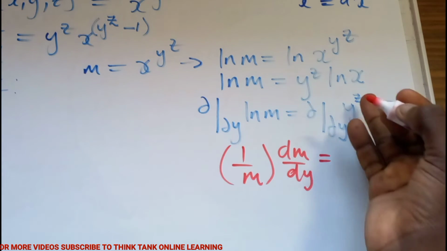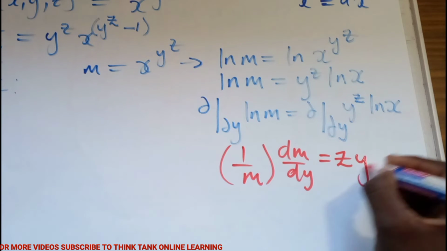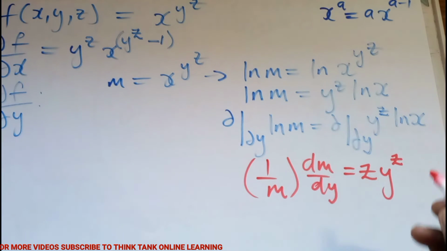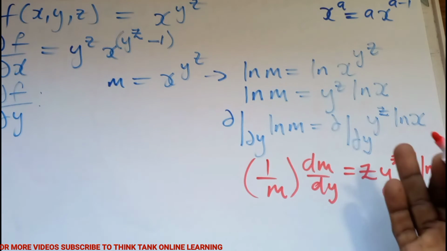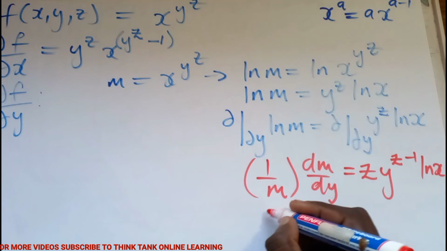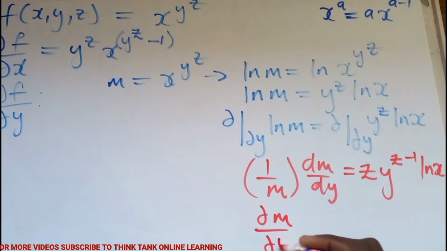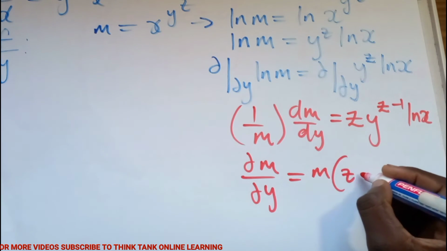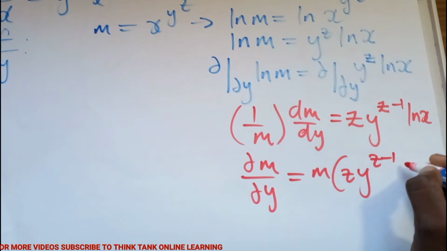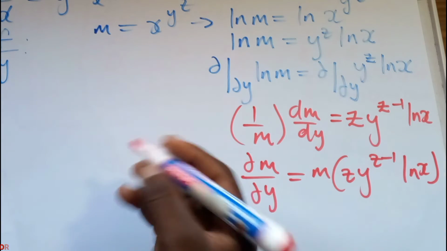And here I'm just going to drop the power, which is z y to the power z, subtract 1 from the power, z minus 1, times ln x. ln x is a constant here. So the final answer: dm dy is going to be m z y to the power z minus 1 ln x.